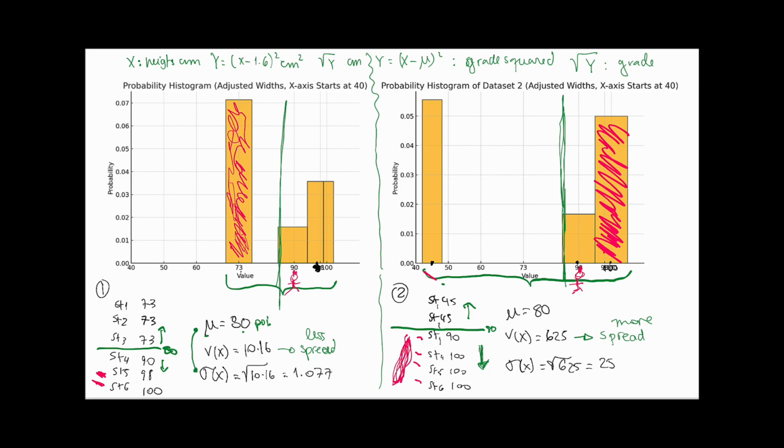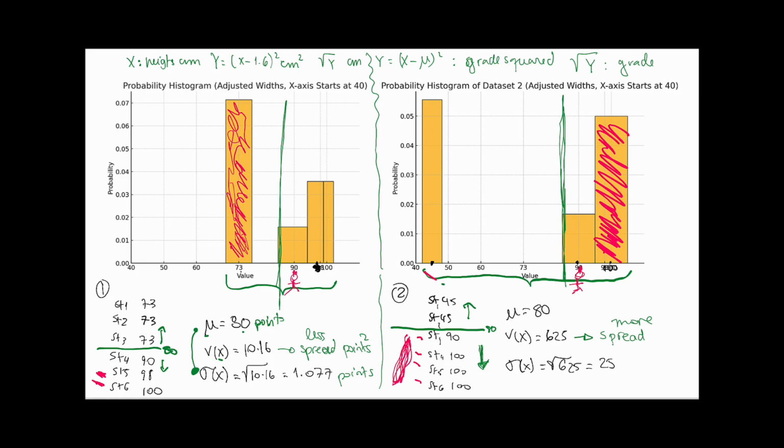My units are points, this is points squared, and this is points again. So it's easier to say I have a mean of 80 with a standard deviation of 1.077 points. It's more common to hear standard deviation than variance, but you need the variance to get to the standard deviation.